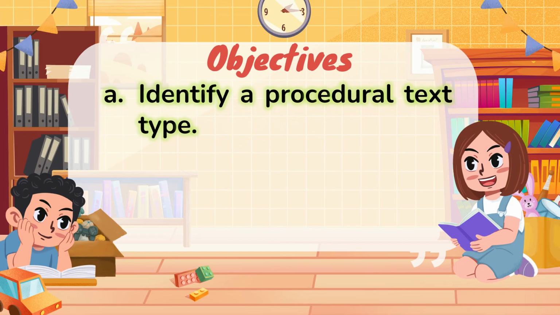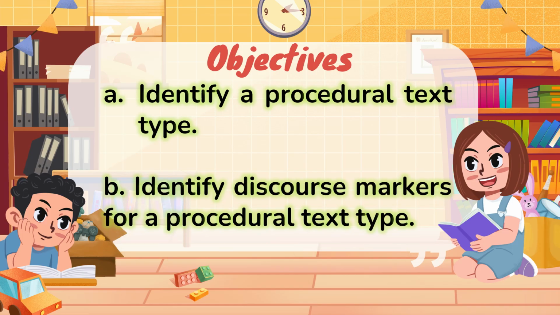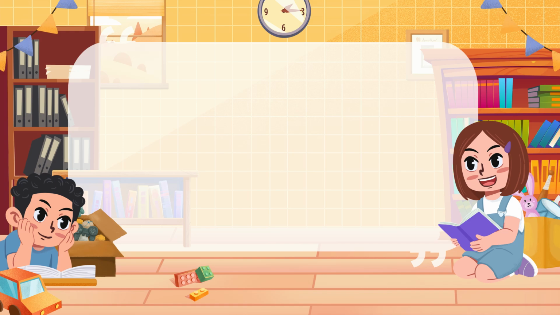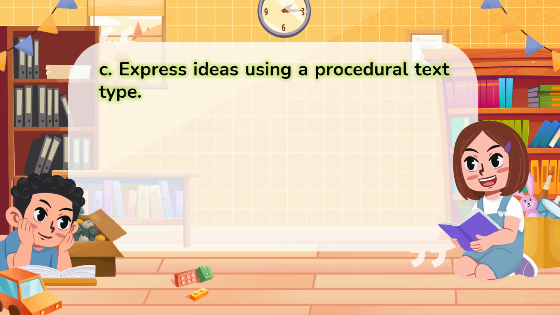So in this lesson, we are going to identify a procedural text type. When you say procedure, it means you're going to say the steps. Identify the signal markers for a procedural text type. And you have to express ideas using a procedural text type.